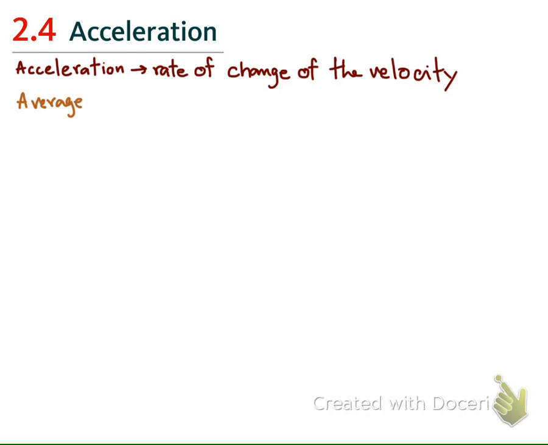The average acceleration a_x avg is equal to delta Vx over delta t.